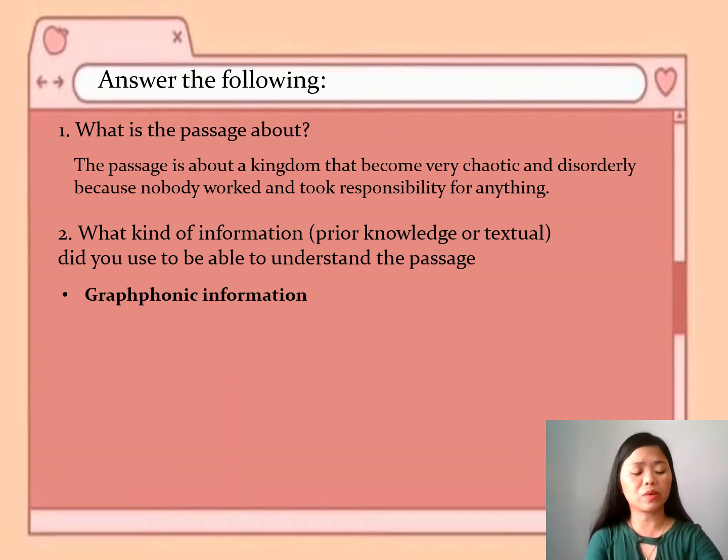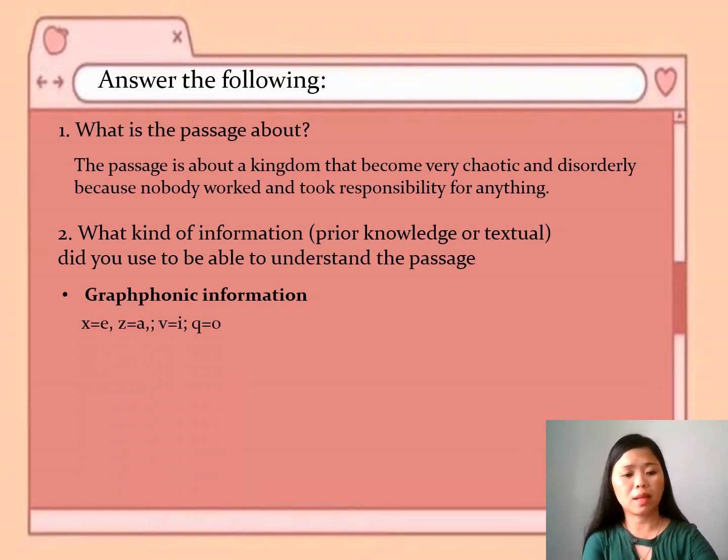At first, the reader might be slowed down by the substitution of the vowel letters, like the letter E becomes letter X, the letter A becomes letter Z, the letter I becomes letter V, and the letter O becomes letter Q. But once he catches on to the trick, he reads faster.